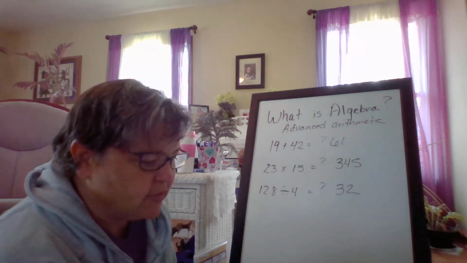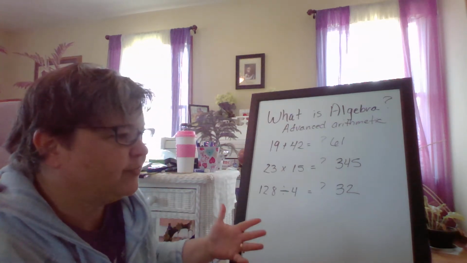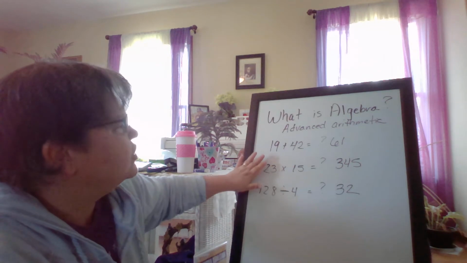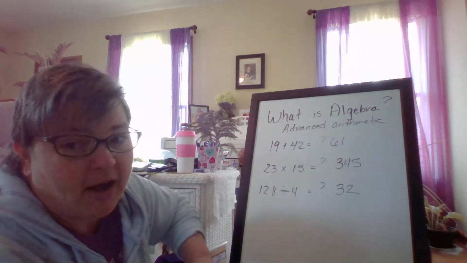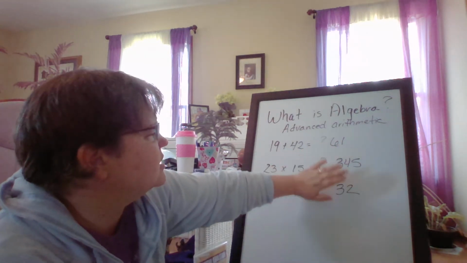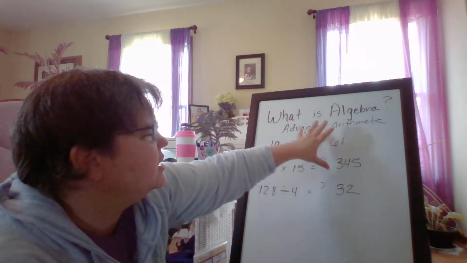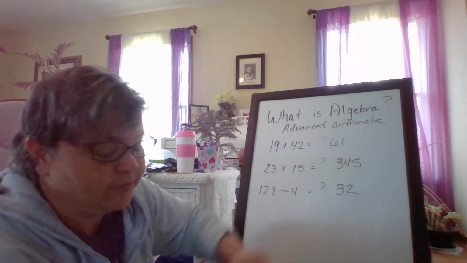So let me give you just a really quick demonstration. You know how to add, multiply, divide, and the answer, like the sum, the product, the quotient, would be at the end of your equation.